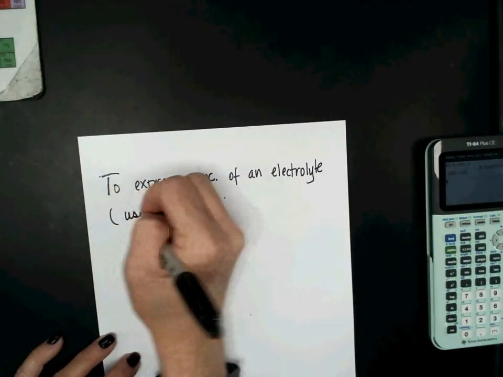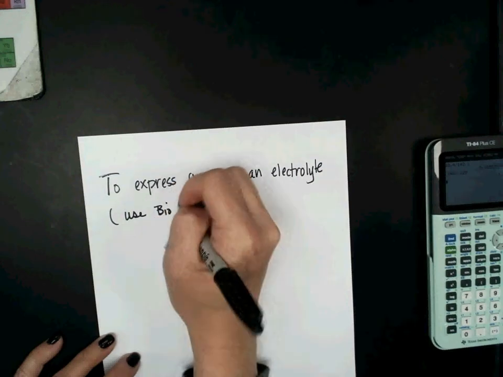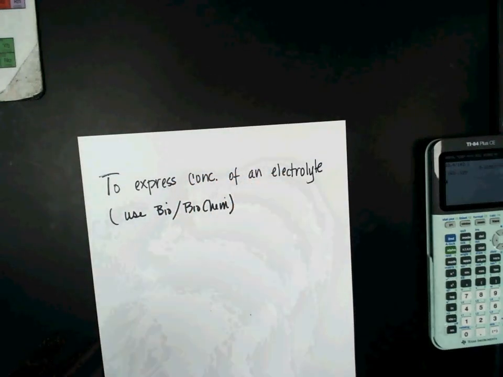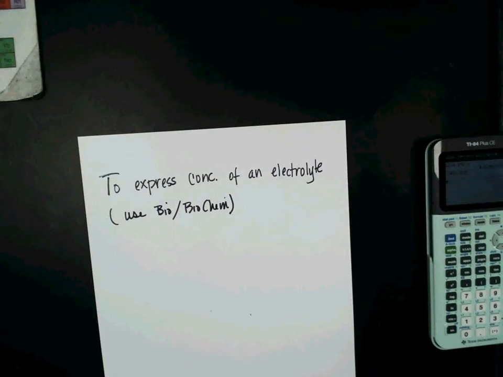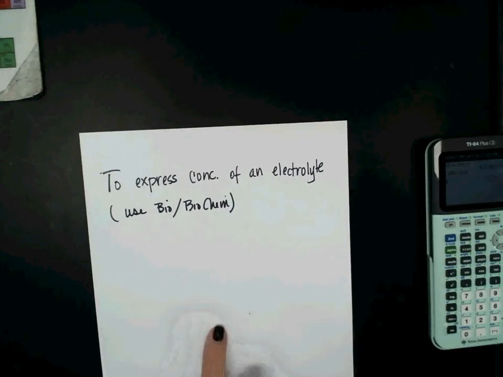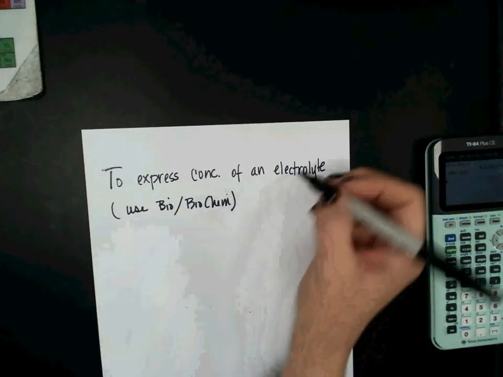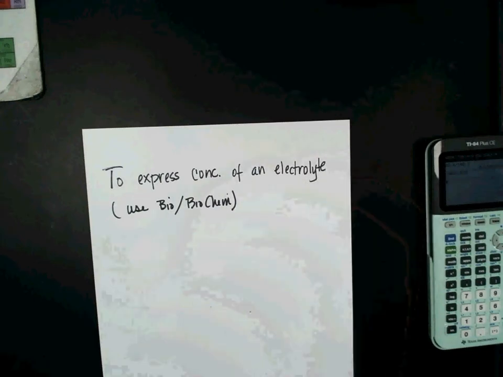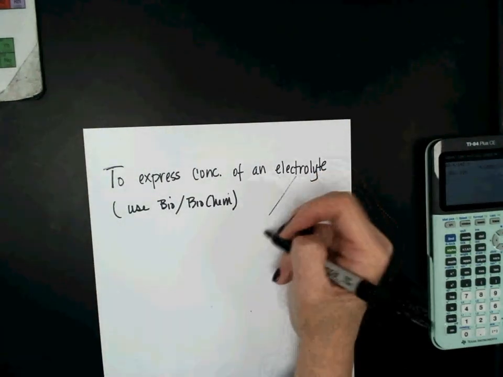And this is more just so you have like a little taste of it. It's something that's used a lot more in bio or biochem. If you take upper level anatomy and you get into the cellular processes and like the things that go on in terms of muscle contractions and all of those kind of things, you'll talk about the concentration of electrolytes because they're super important.